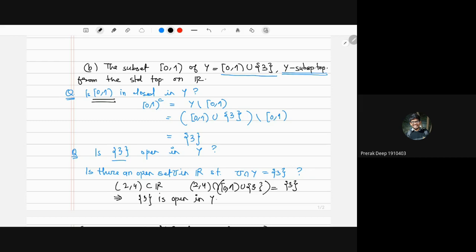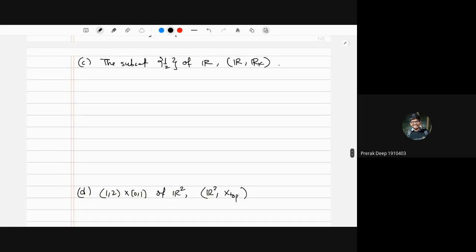Is this clear to you guys? Good. Now let's see this question, option C. You need to say whether the singleton {1/2} is closed in R_K, where R_K denotes the K topology on R. So is this closed in this?